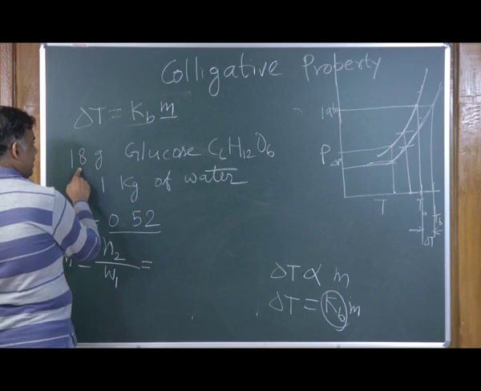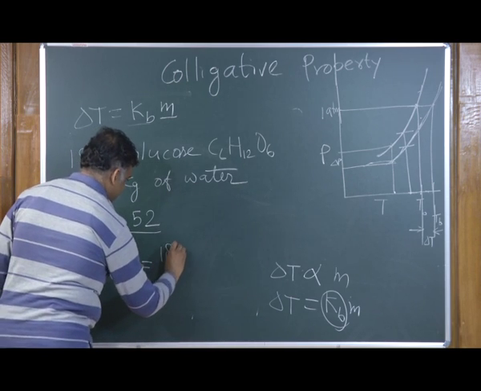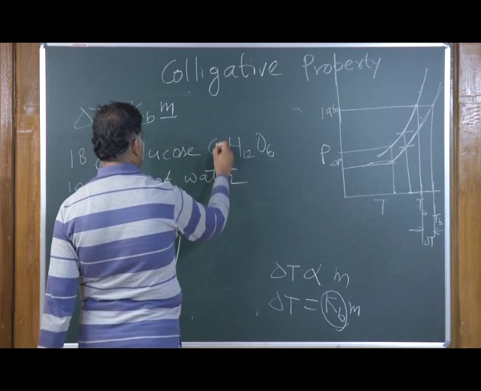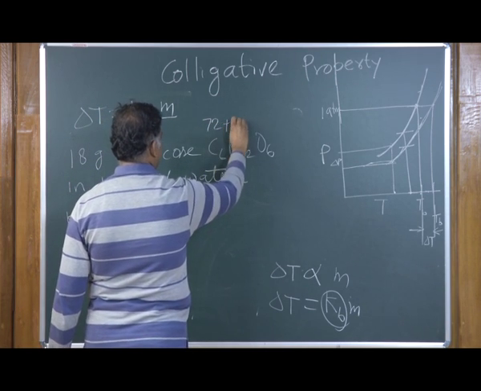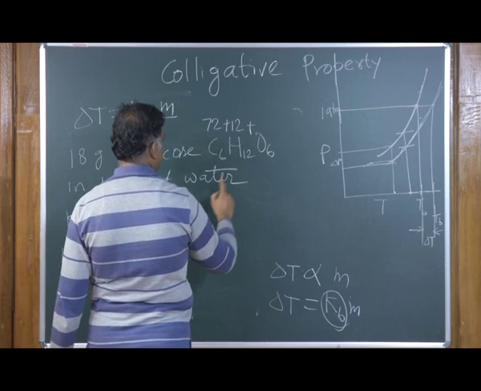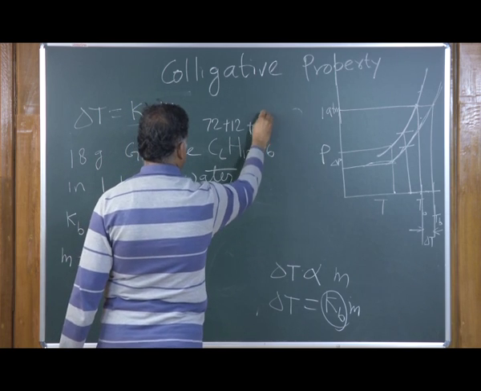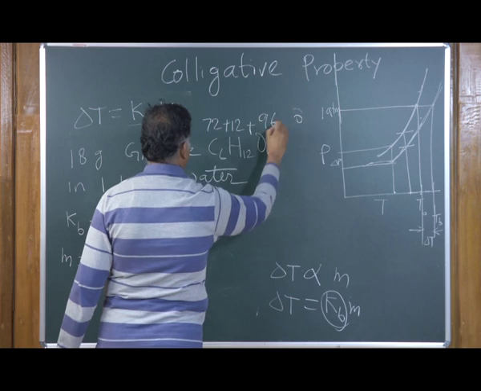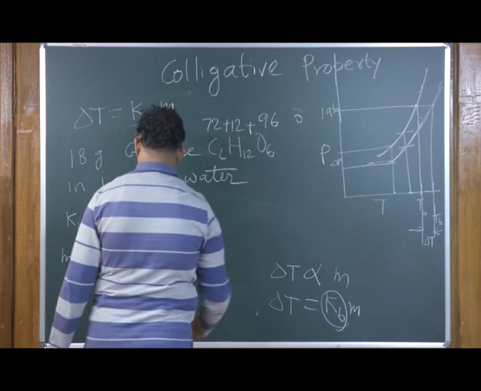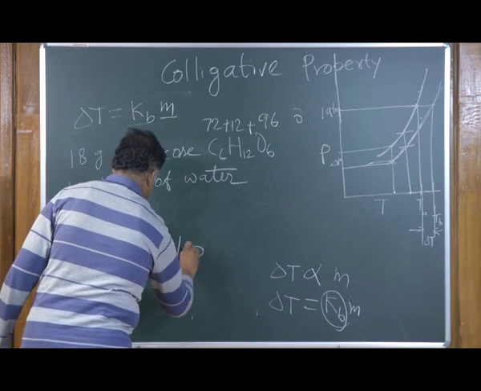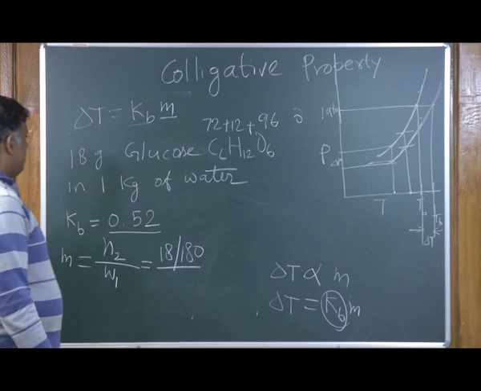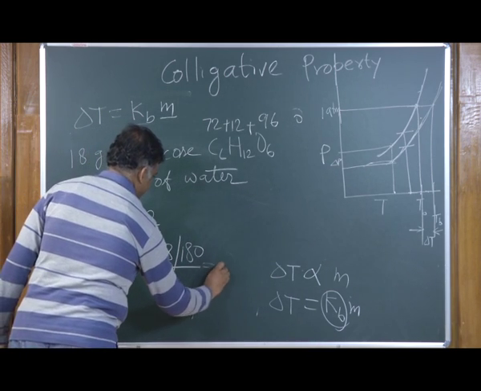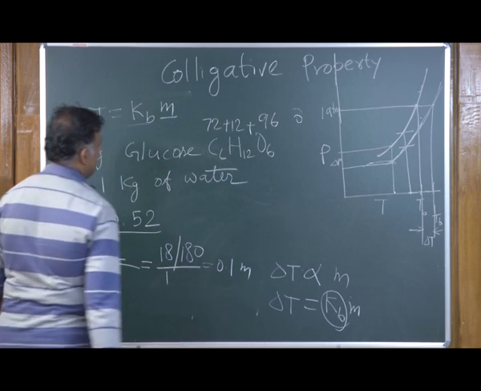I am given 18 gram divided by molecular weight of glucose. That would be 72 plus 12 plus 96, so 180, divided by weight of solvent, which is water, and we have given 1 kg. So, it is simply 0.1 molal solution.